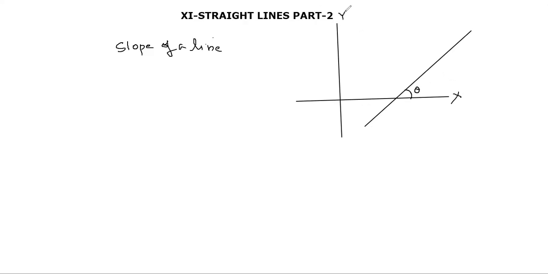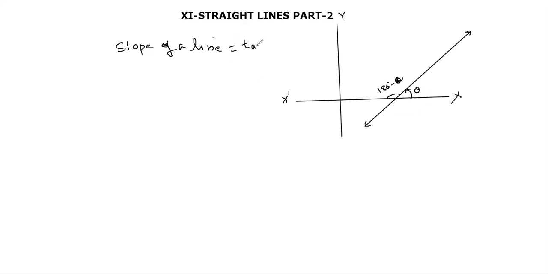Anti-clockwise is the positive direction, and the other angle will be 180 minus theta. So this right side angle we will take, 180 minus theta, as the angle of inclination.